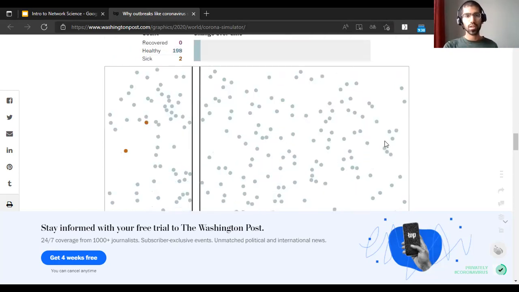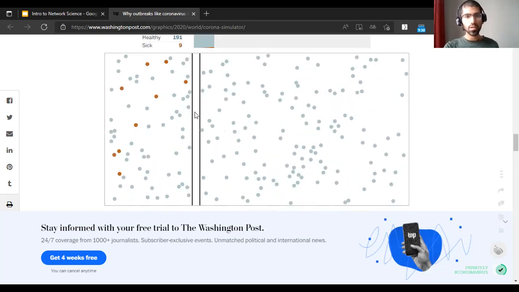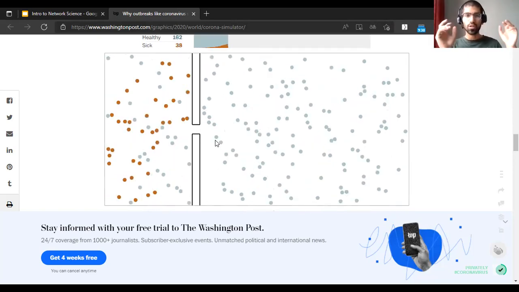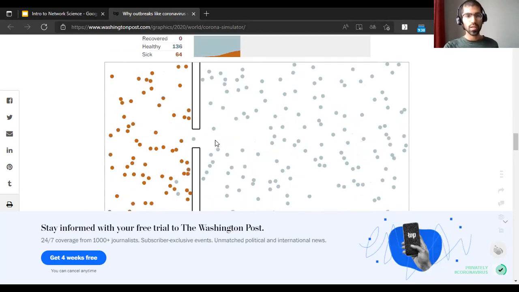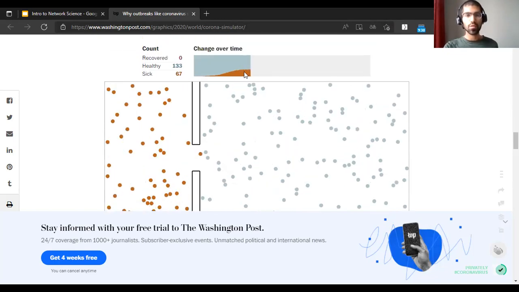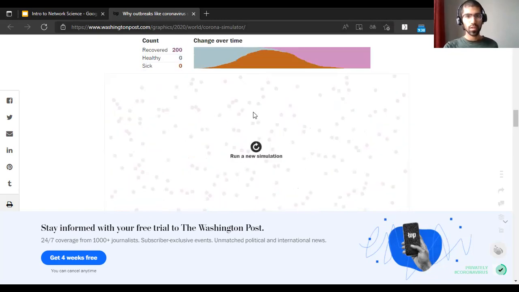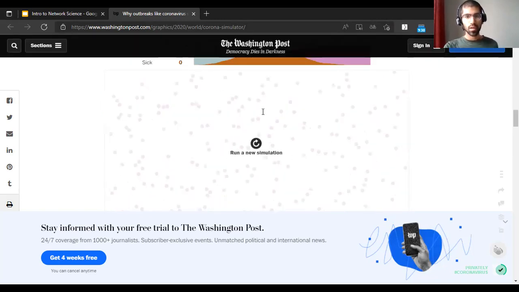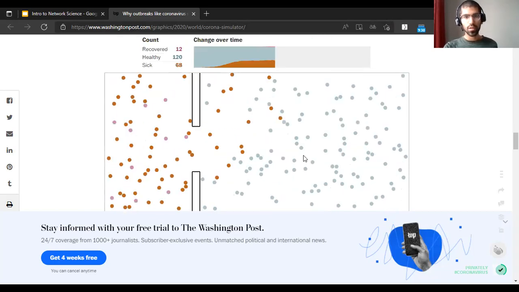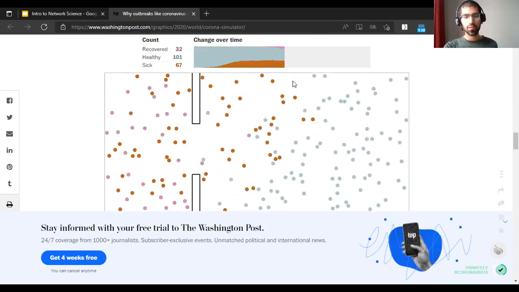And you can also change the behavior of the tiny nodes so that you can see how that affects the entire network. Here you can see you have this barrier, kind of like a quarantine, being imposed on the sick individuals, and the growth of the disease is slower at first compared to this rapid growth. And then you can see as the barriers are lifted, more and more people start to get infected.